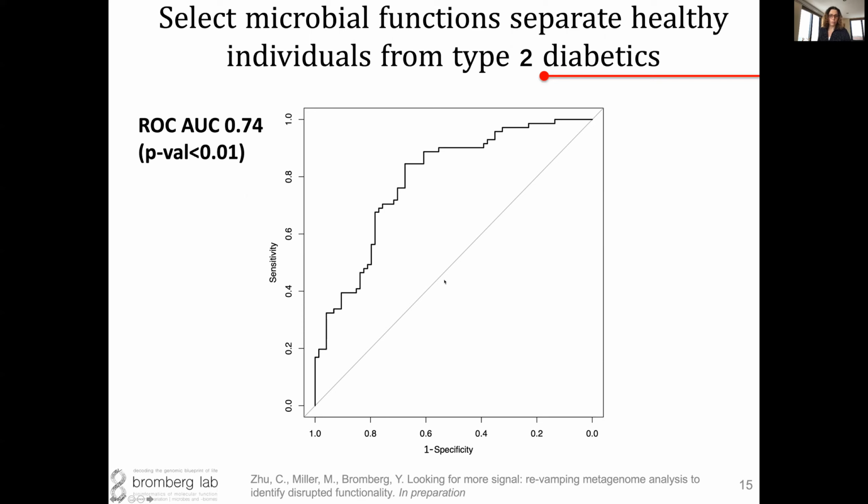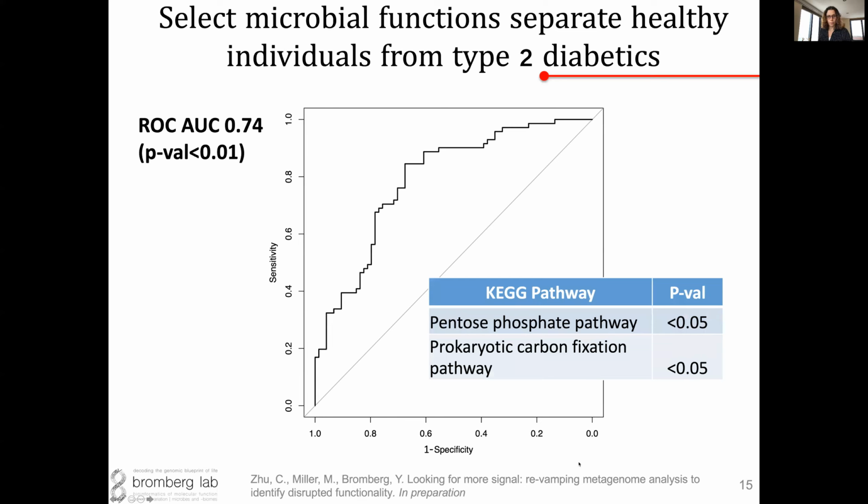And I think, again, a really important point here is that we can actually put a name to the pathway that is important to do this separation. So we're talking here about these two pathways that are involved in sugar metabolism, which is actually something that you would expect from the type 2 diabetics. So these are all these really cool things that you can do.